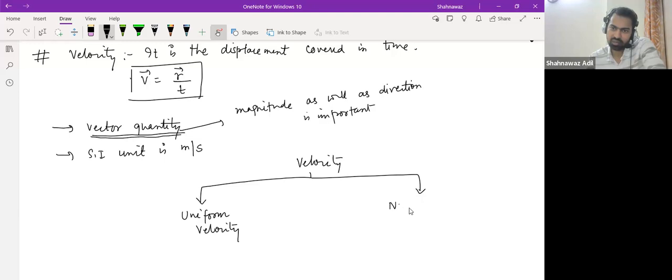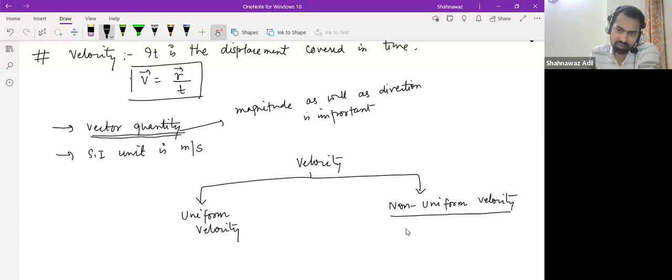And then we have non-uniform velocity. Whenever a body changes its direction or has a different magnitude of displacement, that would be called non-uniform velocity, right?